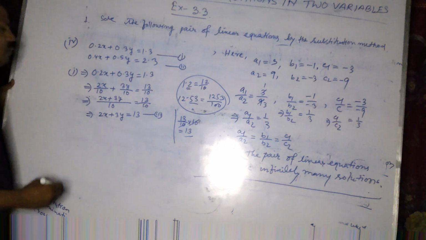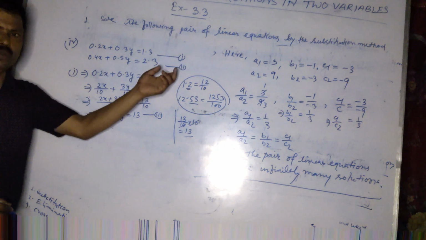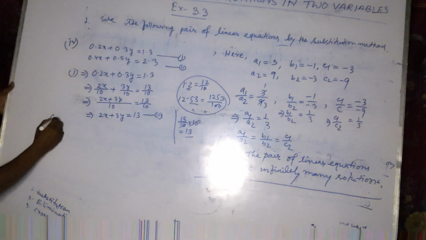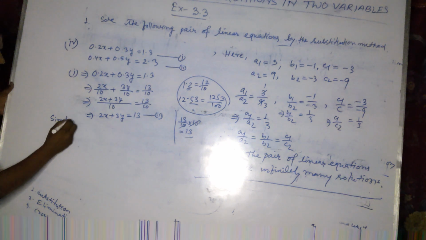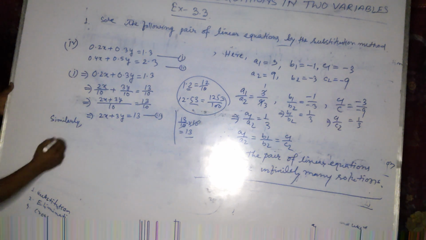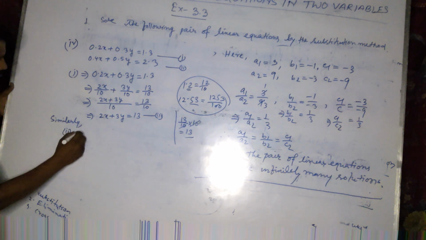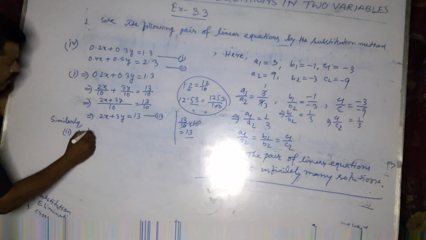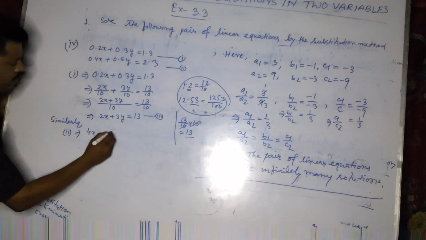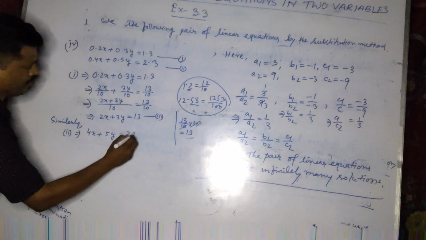Similarly we can write from equation 2 like this: 4x plus 5y is equal to 23.